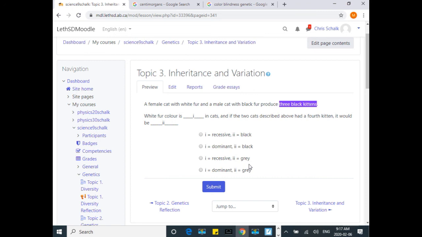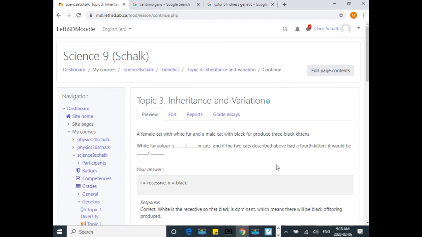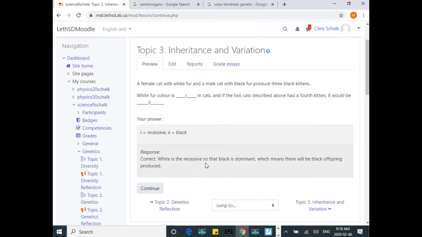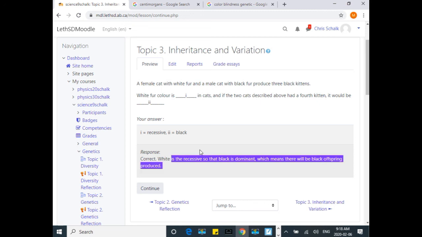Sometimes something, we don't know why, we're still figuring it out, doesn't happen the way we'd expect, and it causes things to be slightly outside of the expected predictions. But chances are this one should be recessive with black. We'll just check the answer, and yeah, correct. Recessive is because black was dominant, and that means there will be black offspring. It has to be black.